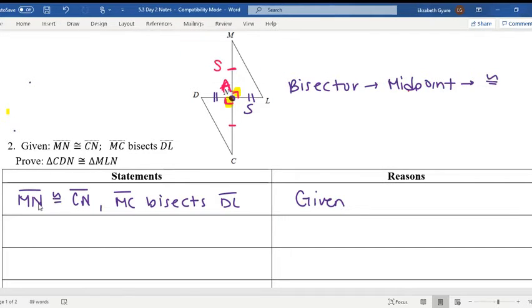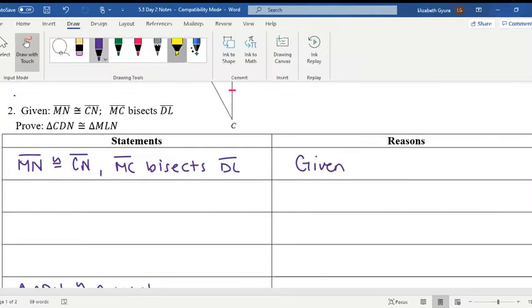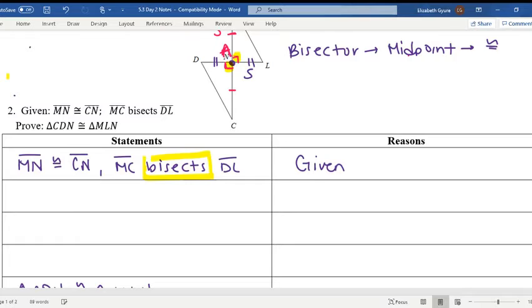All right, so let's fill that in now. So again, we were given a set of congruent sides, and then if you are given a vocab word, you should use it. We were given the vocab word segment bisector. If you look at your vocab sheet, a segment bisector is defined in there.